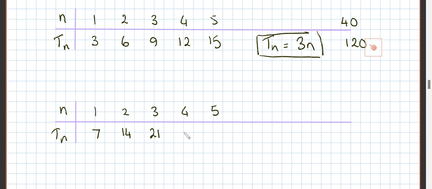What's next? 28, 35. Tn equals, Riley? 7n.